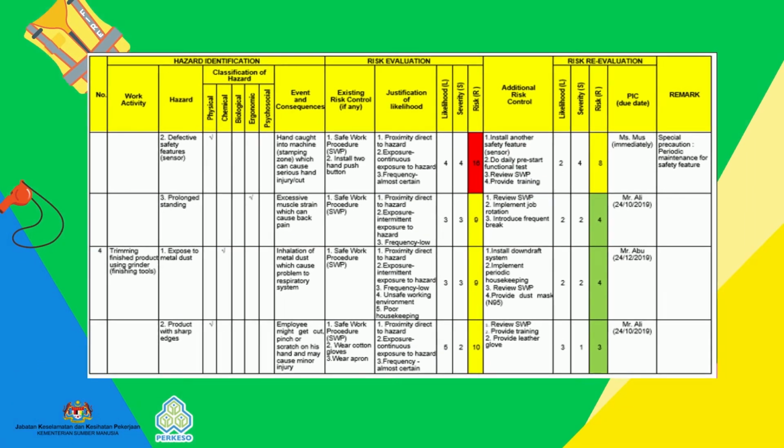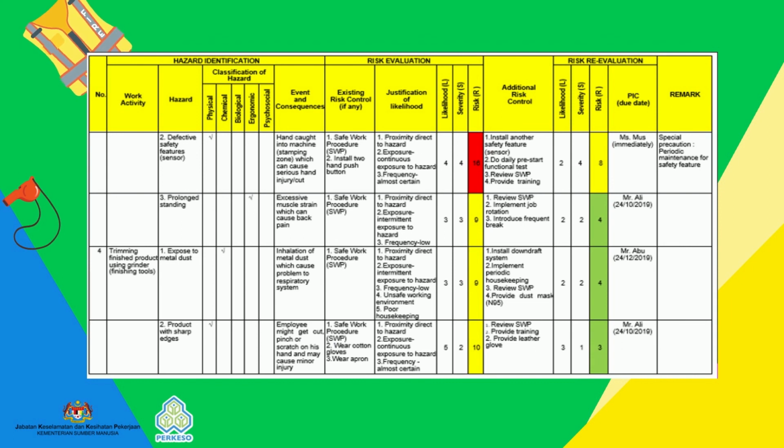The form should also contain hazard identification, risk evaluation and risk re-evaluation. Under hazard identification should be work activity, hazard, classification of hazard, event and consequences. Risk evaluation should contain existing risk control and justification of likelihood. Lastly, risk re-evaluation should contain additional risk control and person in charge.